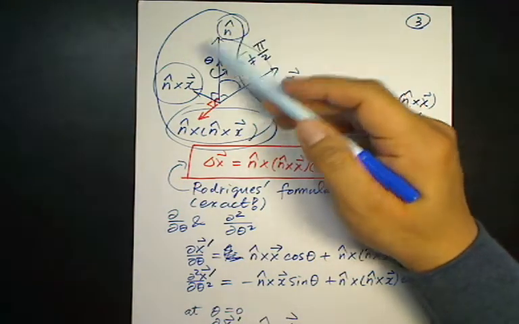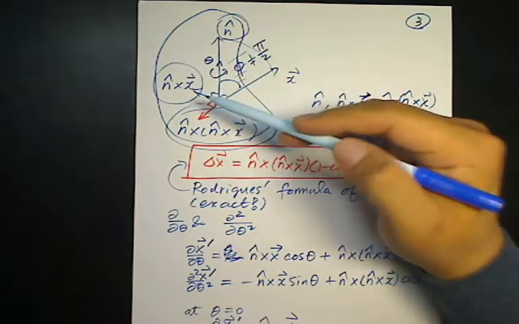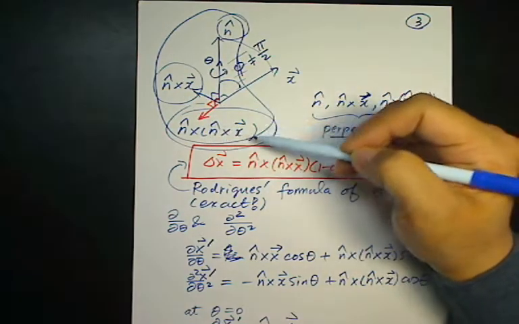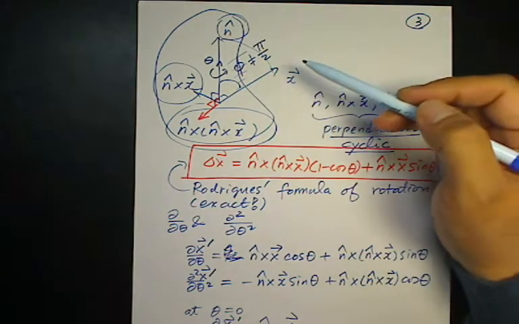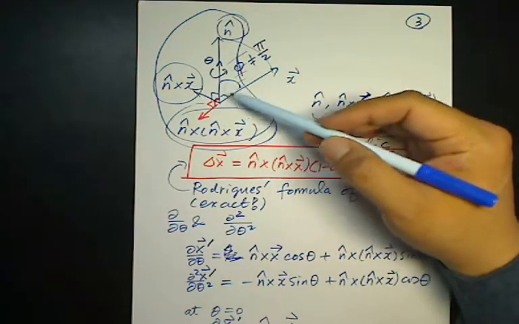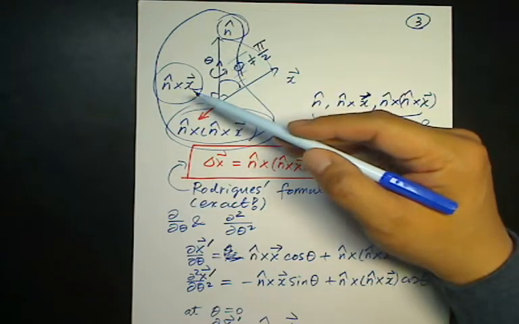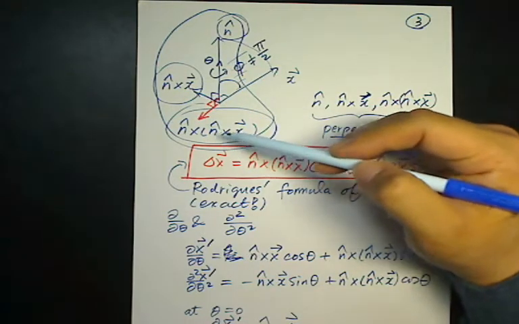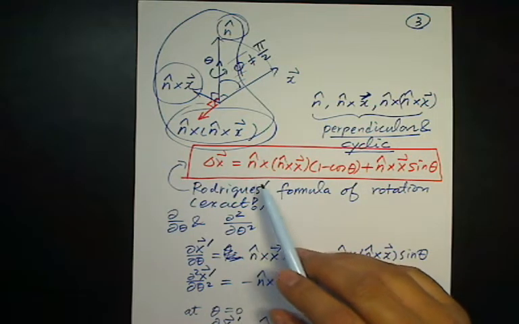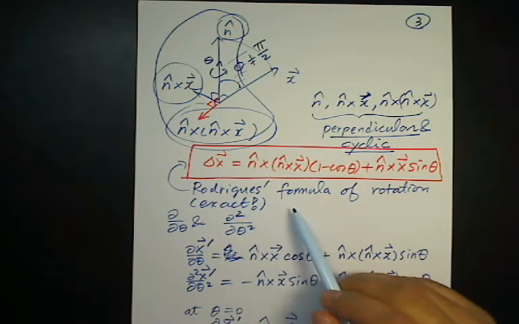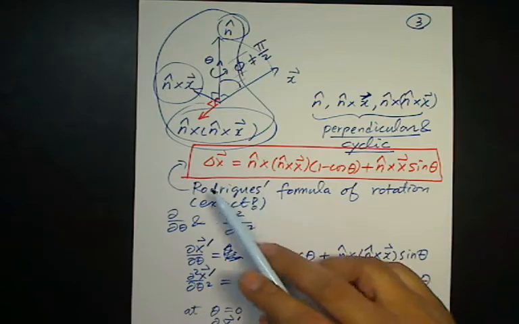So n hat, n cross x, and n cross x cross n, these three vectors are perpendicular to each other, and they are cyclic. The final result is called the Rodrigues formula of a finite rotation.